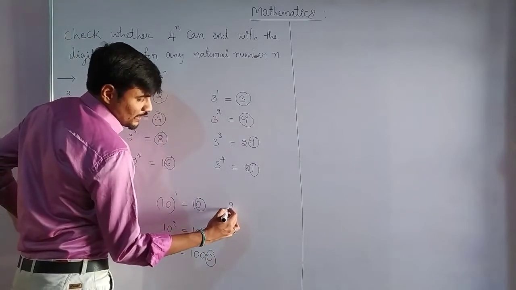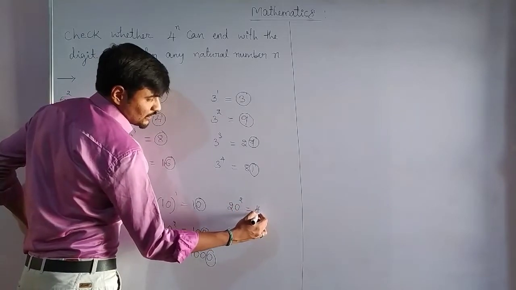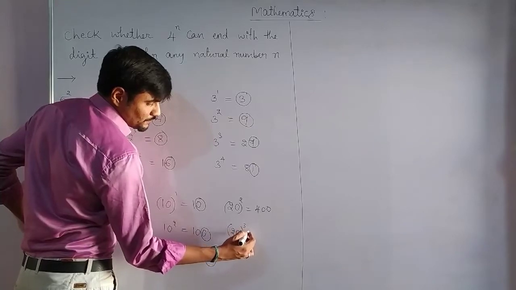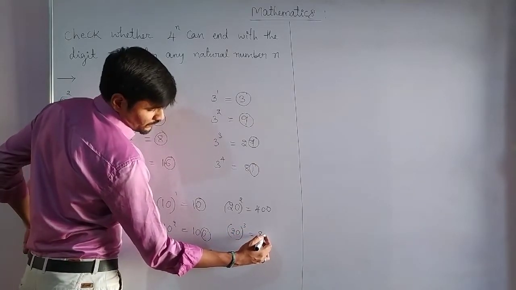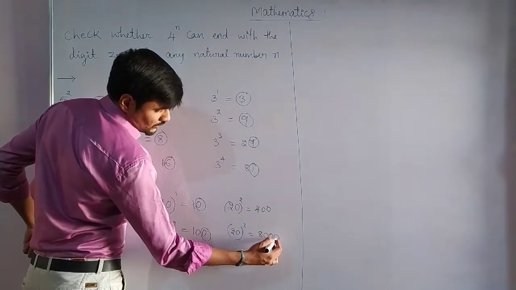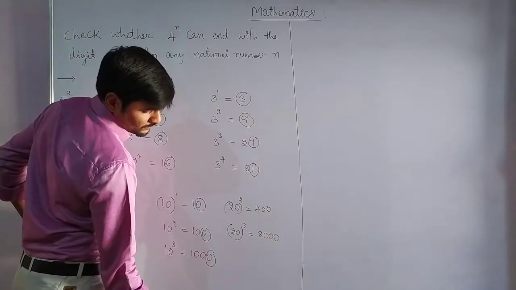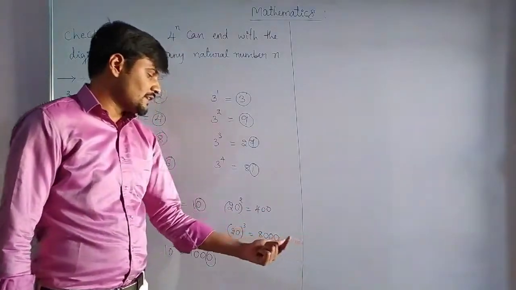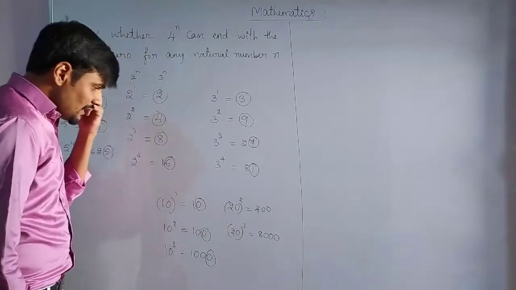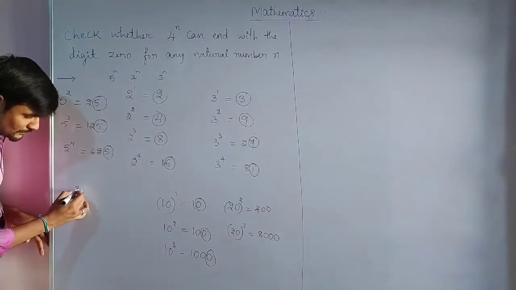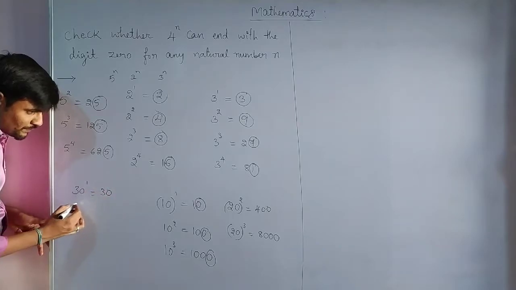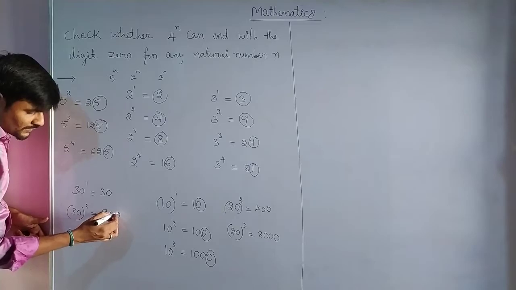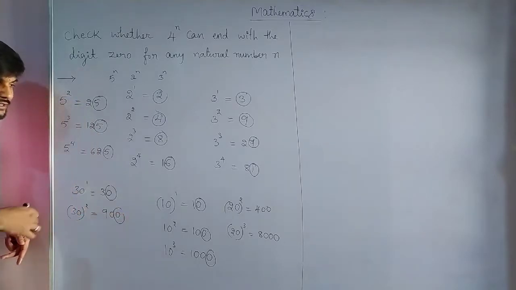Now I will take 20 power 2, that is 400. 20 power 3 is 8,000: 20 into 20 into 20, 4 into 2 is 8, again 3 zeros, so 8,000. Similarly, 30 power 1 is 30, and 30 square is 900. Observe the last digit: they end with 0.